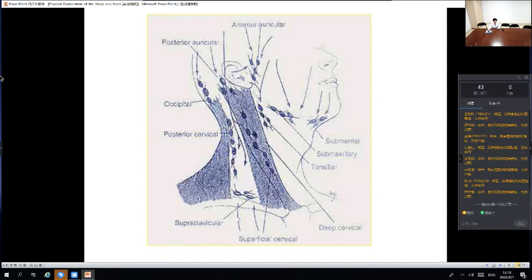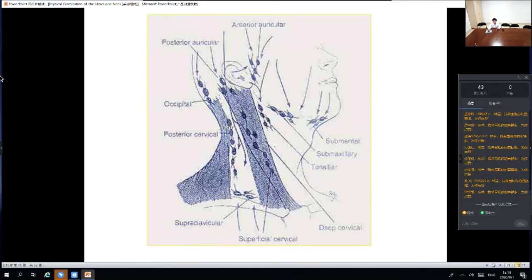And the draining area of these groups is from the superficial to the deep cervical area. So if the patient suffers from nasopharyngeal cancer, they may have enlarged lymph nodes in these areas.